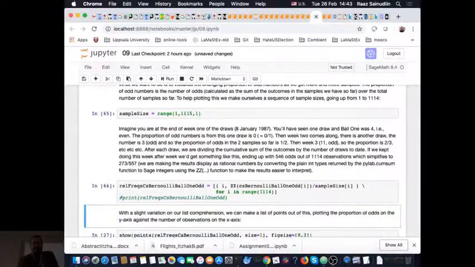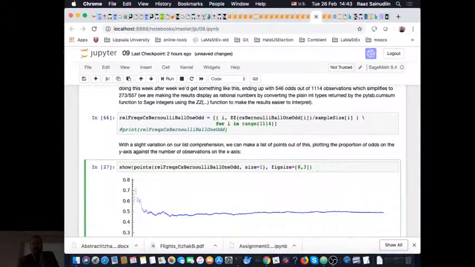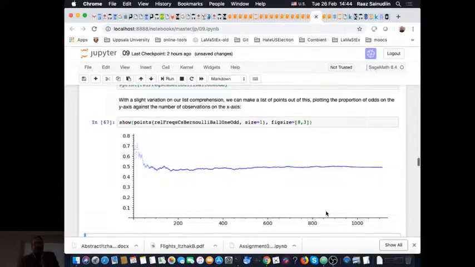You run this. And so here we go. On the y-axis, we're showing the maximum likelihood estimator for each sample. As the samples increase, the number of odd balls increases, and we're plotting the running mean. The running mean is the MLE of theta. You can see it's stabilizing around half, right?